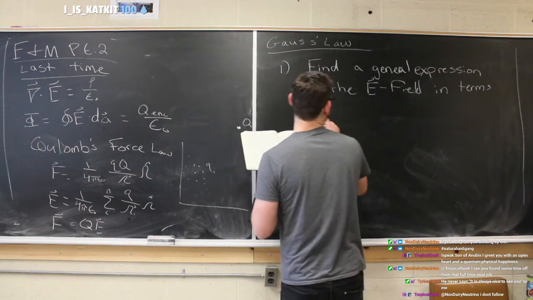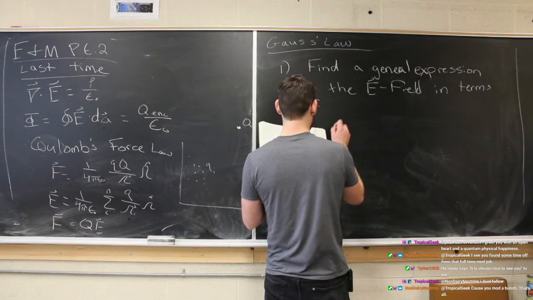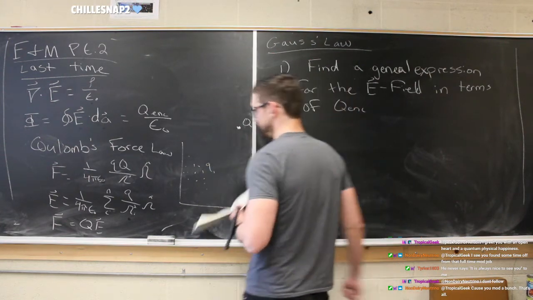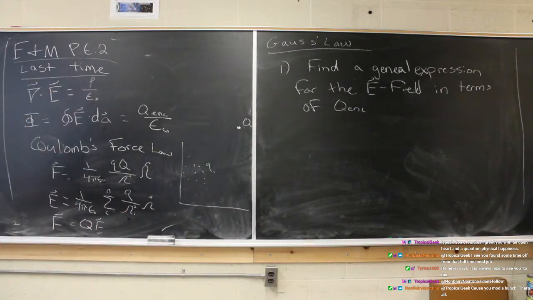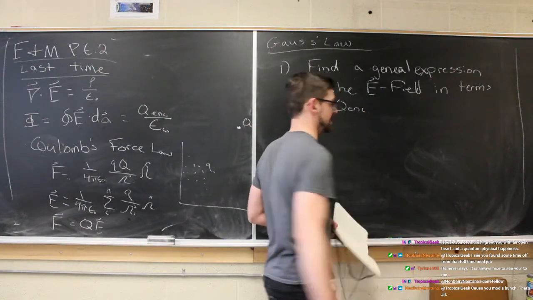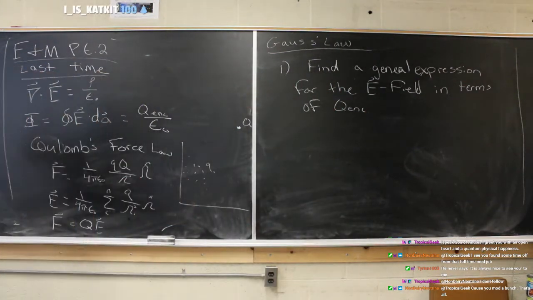Now there are a few more steps that we're not going to list out. You have to identify the symmetry first. We won't list that step out, because that will be something we do every single time. We'll find the symmetry involved in the situation, and then take advantage of that symmetry using Gauss's law. That's kind of the point of Gauss's law.